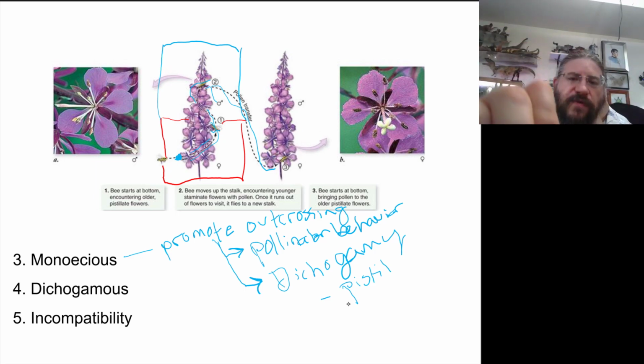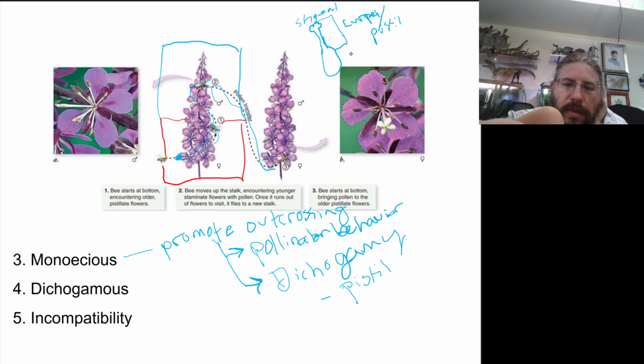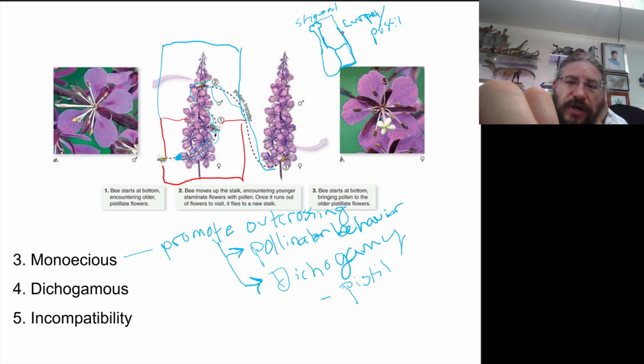So if you'll recall from a previous lecture, this whole thing is a carpel or a pistil. And we have at the top the stigma, and then at the bottom the ovary. So the whole thing is our reproductive structure.